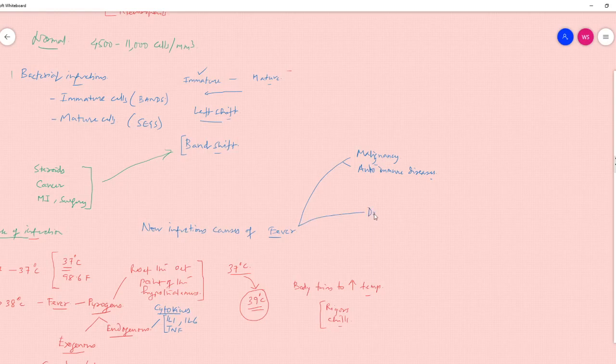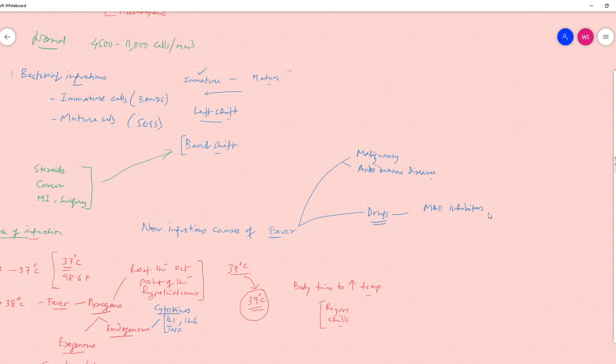Fever can also be caused by drugs. Certain drugs can cause fever. So what drugs? Drugs like monoamine oxidase inhibitors.